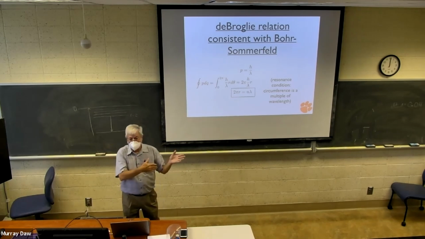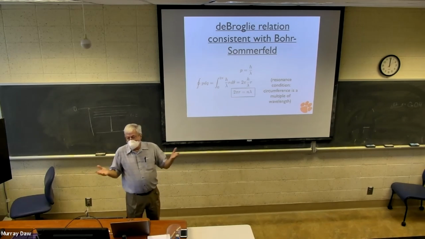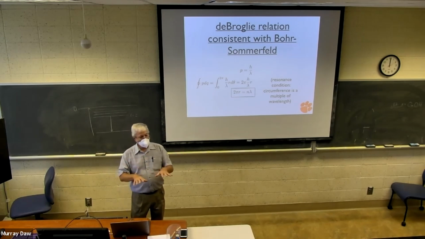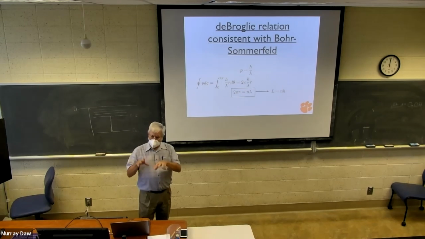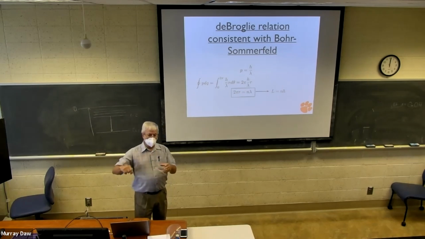It's wrong, right? This is not right, but it's the kind of hand waving thing that was going on in the early days. Okay, so that gives you quantization of the angular momentum. It's not right, but there's something that's sort of right. What's right is the resonating condition for the guiding wave. The details are not right yet.